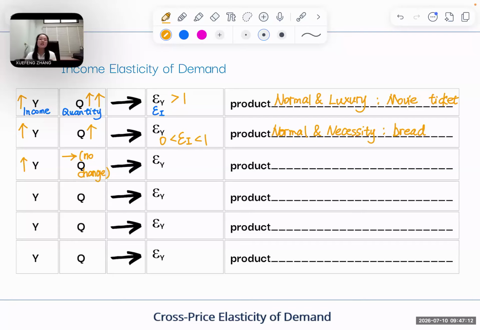The quantity doesn't change at all. So in this case, epsilon I equals 0. What does it mean? No matter how much your income increases, the quantity doesn't change at all. So we call this one perfectly inelastic to income.